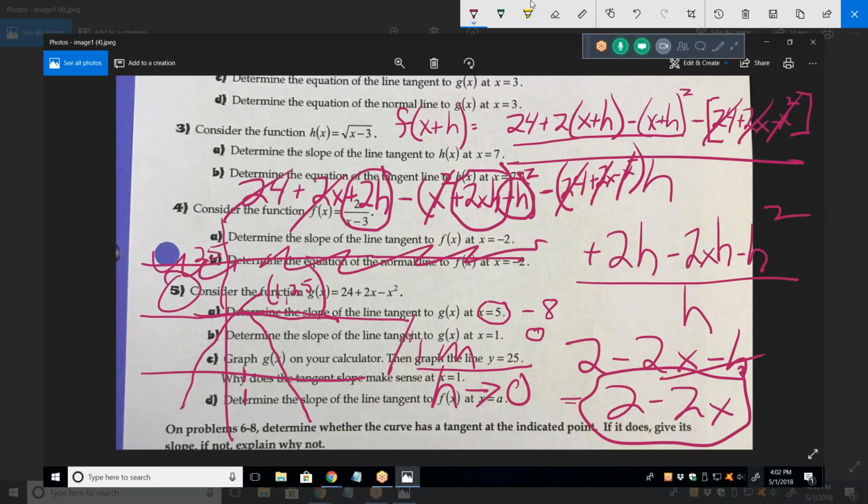D, determine the slope of the tangent line to f at x equals a. Well, what would it be? 2 minus 2a. That's the answer. Oh, okay, that's easy. Now, well, they probably want you to do it the other hard way.